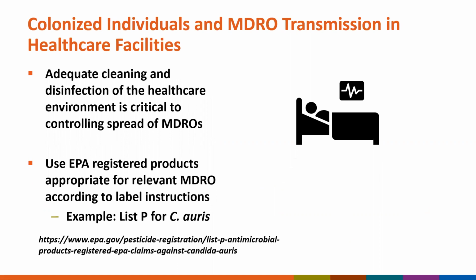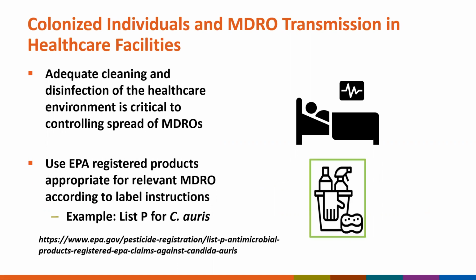And I want to highlight the importance of using an appropriate disinfectant. Not all disinfectants work for all MDROs, so you should be familiar with the label claims. You should be using an EPA registered product, and make sure that the label claim supports disinfecting the MDRO you're working with. Just as an example, list P is a specific list of disinfectants that work for Candida auris.